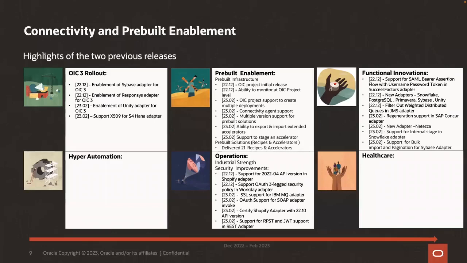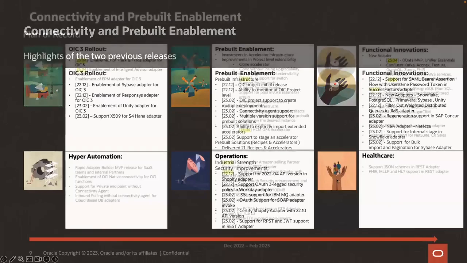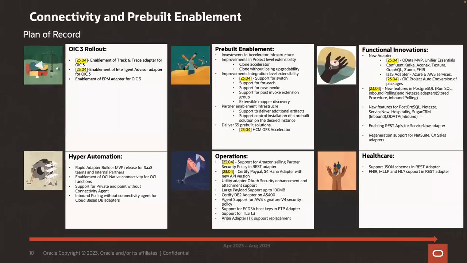We'll have a demo of that, how easy it is to have multiple versions and support those. We've done a number of security enhancements across existing adapters and updated the adapters to reflect changes in the underlying application. And so lots and lots going on. Very excited to say that we now have an intelligent advisor adapter.